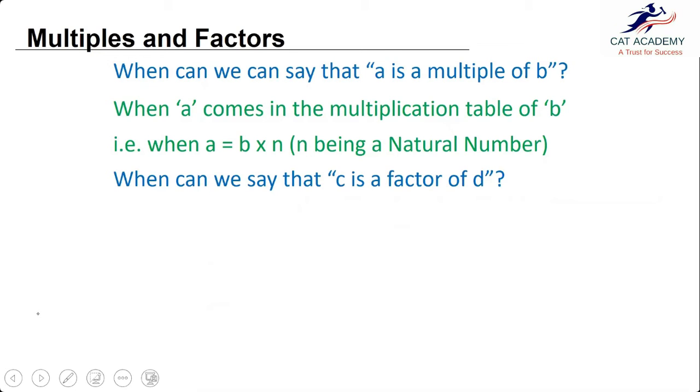When can we say that C is a factor of D?